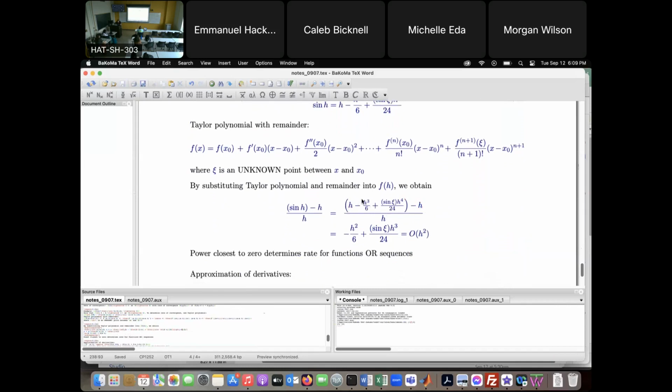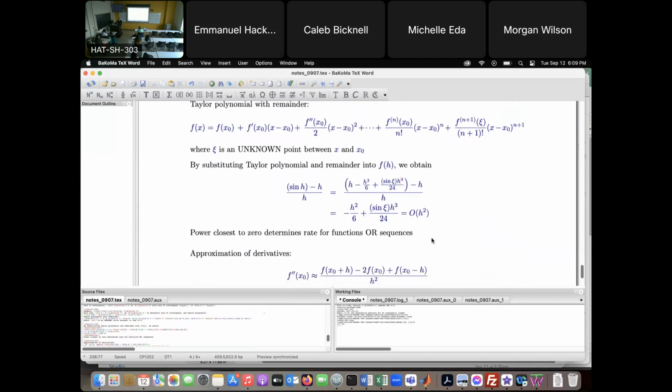Then everything that's left, we have h cubed, we have h to the fourth, but we're dividing by h. And that's what leads to the h squared here and the h cubed here. So it's generally what happens when you substitute a Taylor expansion, you get a big old cancellation.